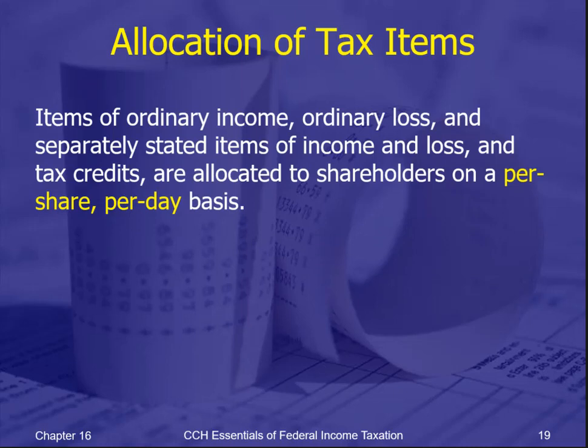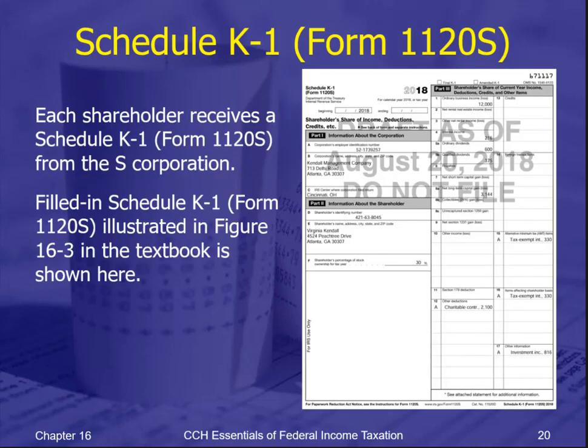So if you own 50% of the shares for 30% of the year, and then you own 60% for the other 70%, you would literally break it down by day, multiply those percentages, and figure out how much should be allocated to each shareholder that way.